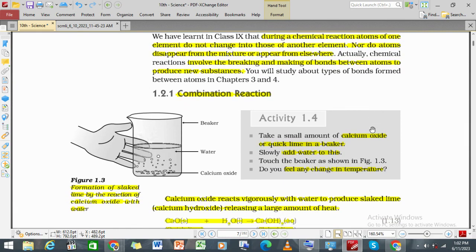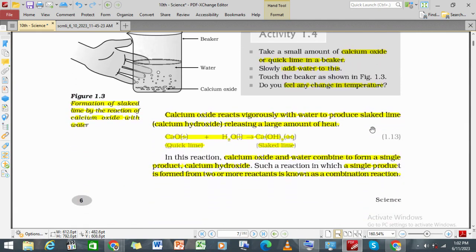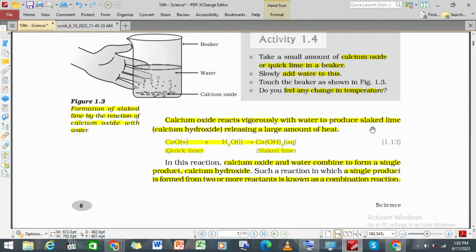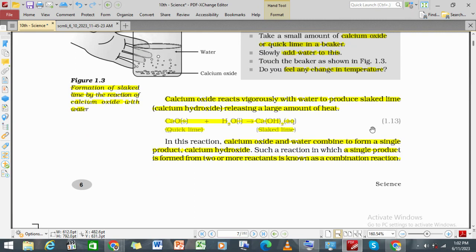Now we have the types of reactions. In types of reactions, we have the combination reaction. And what is a combination reaction? There is an example: calcium oxide, or quicklime, CaO, is in a beaker and we slowly add water to this. What changes take place?